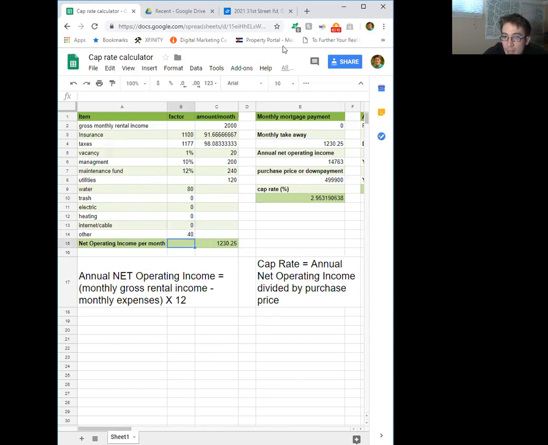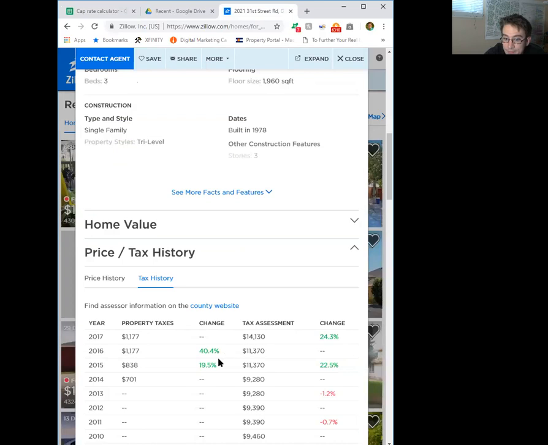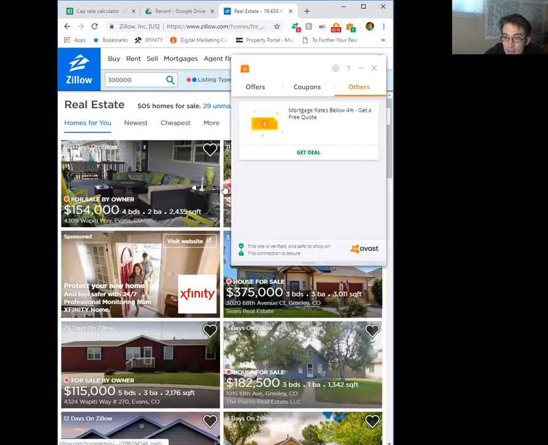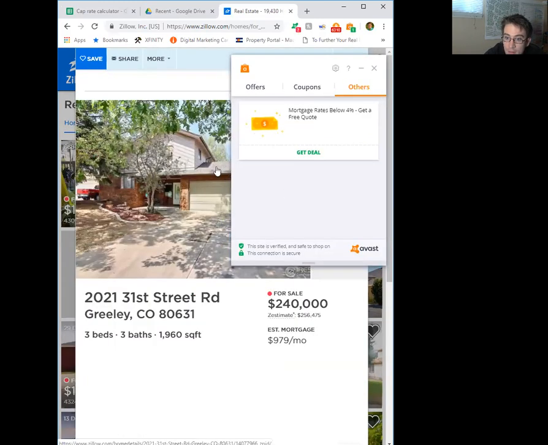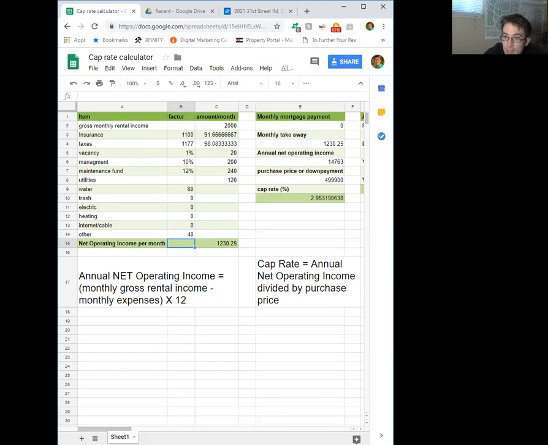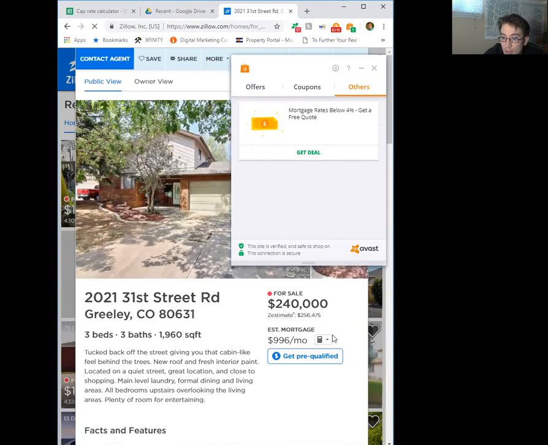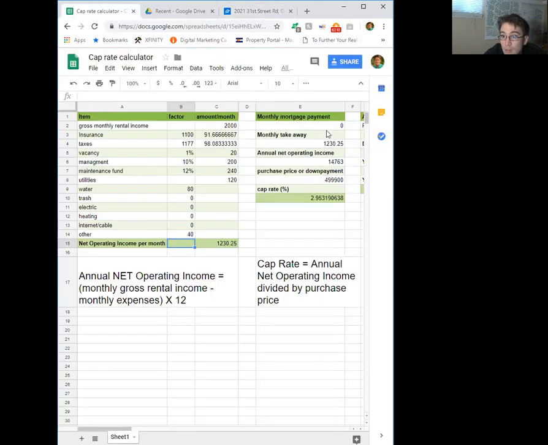So that'll be your net operating income for that property. Which is not too shabby. But let's put in that purchase price, and we'll use that mortgage estimate as well. So there's your mortgage.